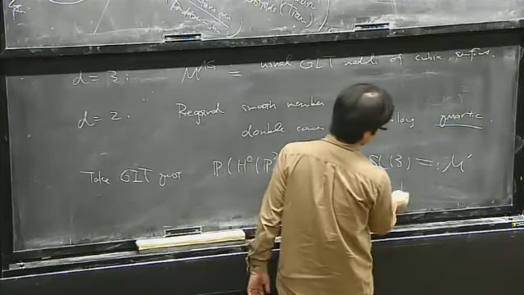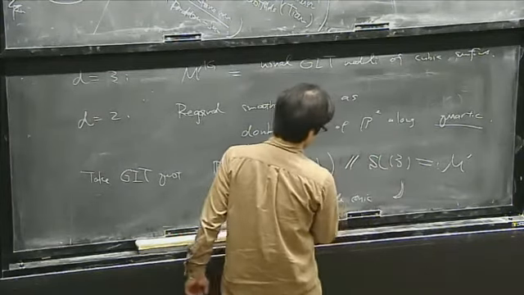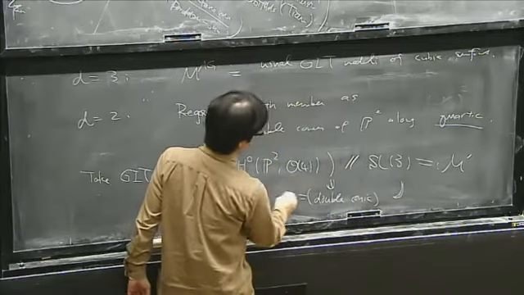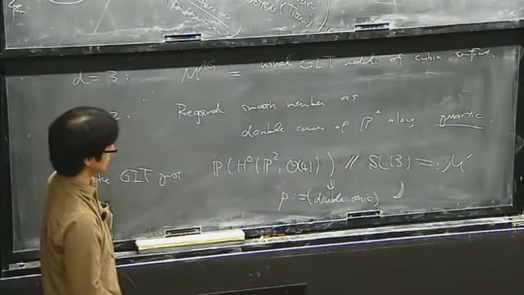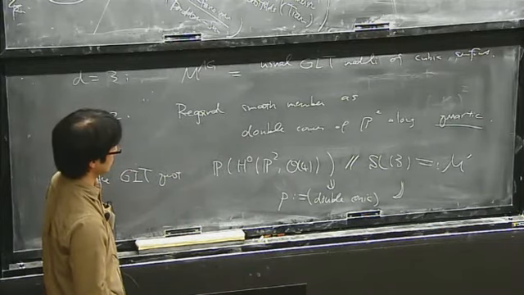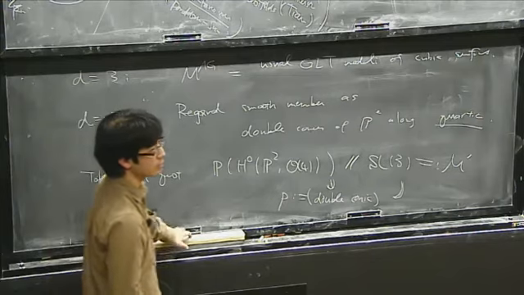Which I write as P. Worse things than that, right? Probably 4 times a line or something. It's unstable. Okay.